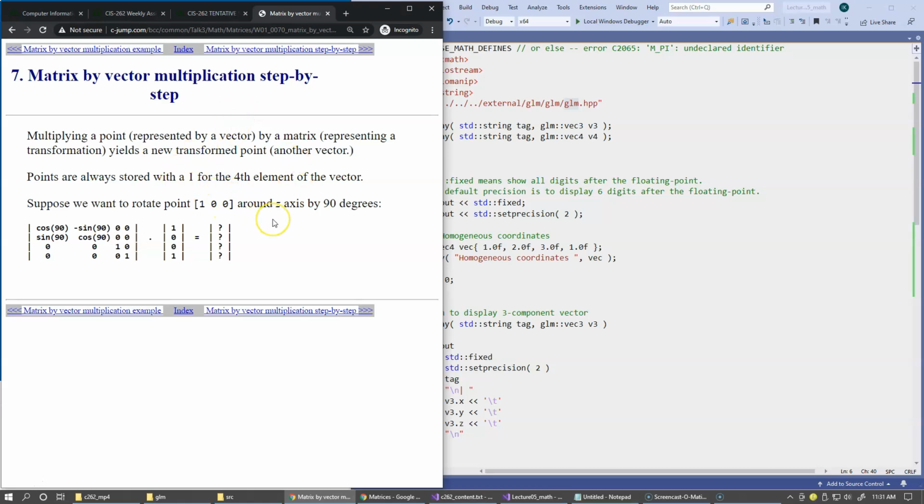This is another step-by-step example. Multiplying a 3D space point location, which can be represented by a vector, by a matrix could result in transforming the location of this point to a new place. And here we have an example of a 4x4 matrix which encapsulates a rotation matrix around the z-axis.